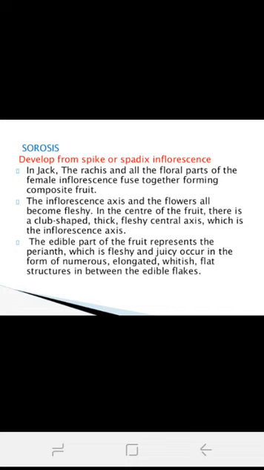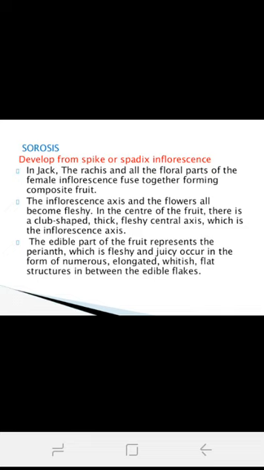The edible part is actually the perianth. While eating jackfruit, what we are eating is the perianth, which is fleshy, juicy and whitish. Then inside this is another cover, that is the seed and seed coat.